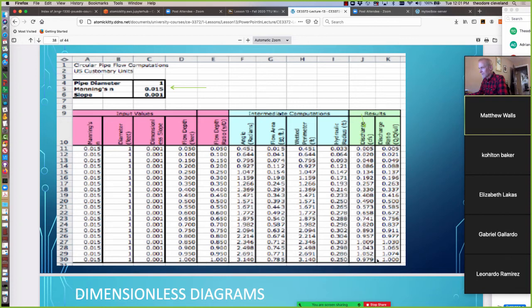We compute the flow depth down here, this last line. Pipe is full, and we have the discharge ratio to full. So we compute discharge divided by full, and we declare that that 79 becomes a 1, and that rescales all these.